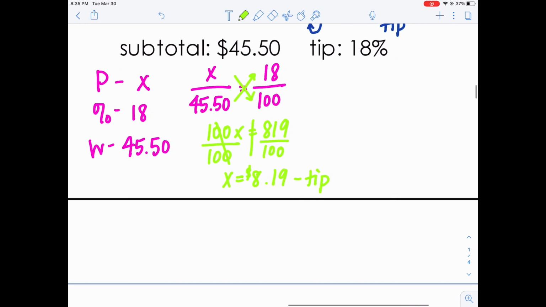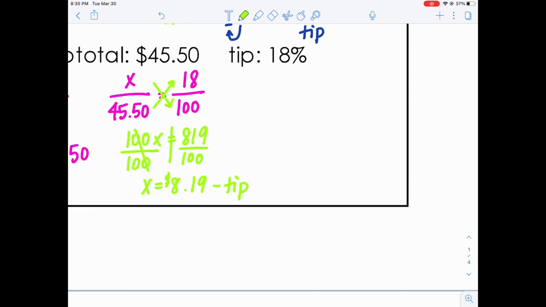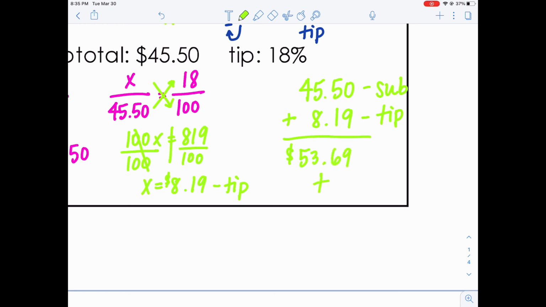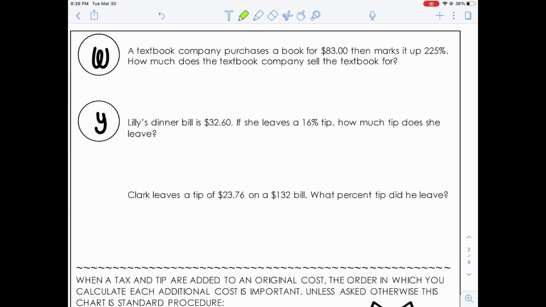Now the question asks for the total, so to find the total, I need to take the original subtotal, $45.50, and I need to add that to the tip, which was $8.19. When I add $45.50 plus $8.19, I get that my total is $53.69 total.